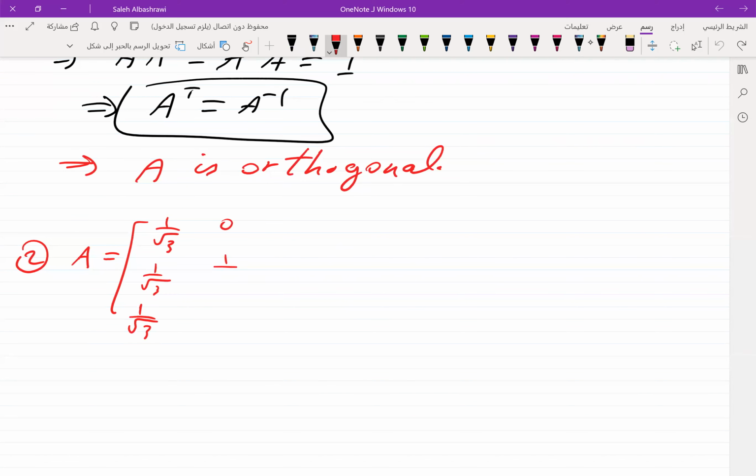Then 0, 1 over square root of 2, minus 1 over square root of 2. And we have minus 2 over square root of 6, 1 over square root of 6, and 1 over square root of 6.